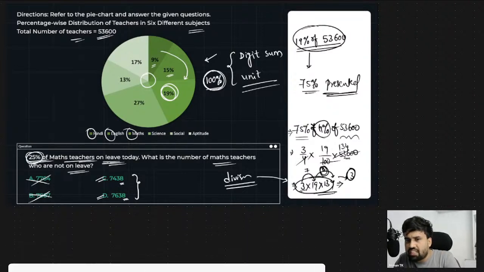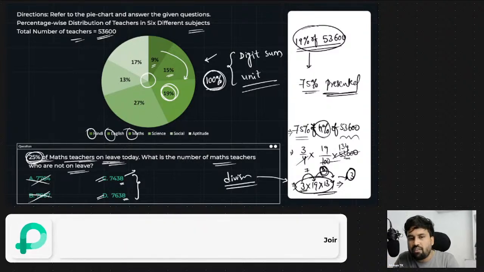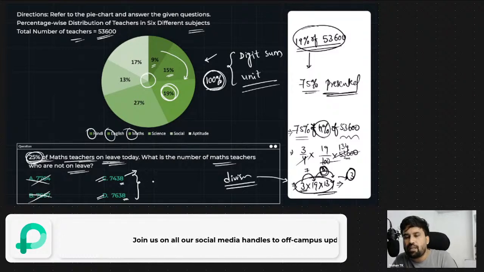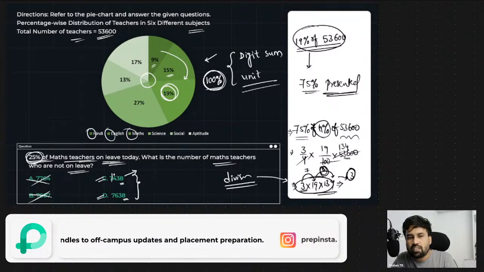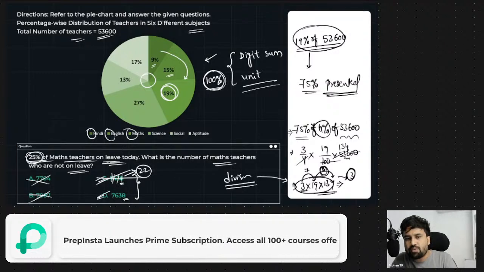Because you are multiplying with 3. What is the 3 divisibility rule? The 3 divisibility rule is nothing but the sum of the digits is also a 3 multiple. So 7 plus 4, 11, 11 plus 8, 19, 19 plus 2, 22. So the digit sum is 22. So 22 is not a 3 multiple. So option C also got eliminated. Option D is my answer.